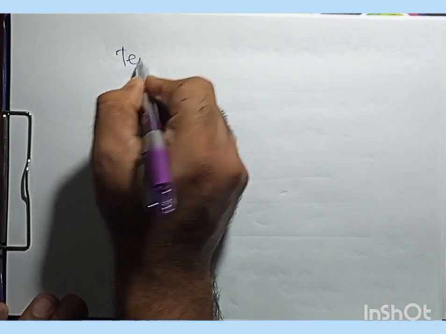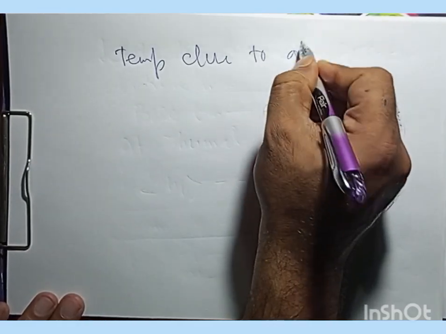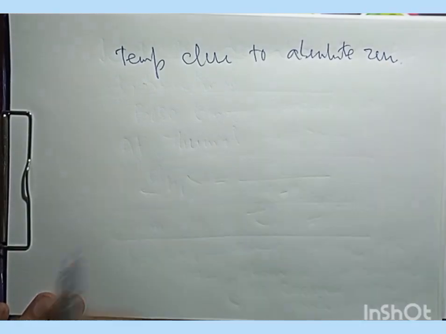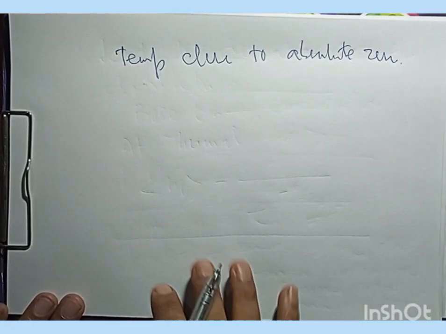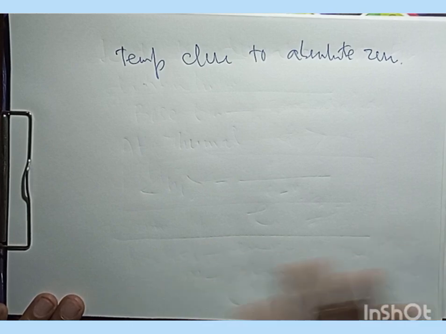I think there is a need for a small description of it. At temperatures close to absolute zero, a large fraction of bosons can occupy the ground state, I mean, the lowest energy state.